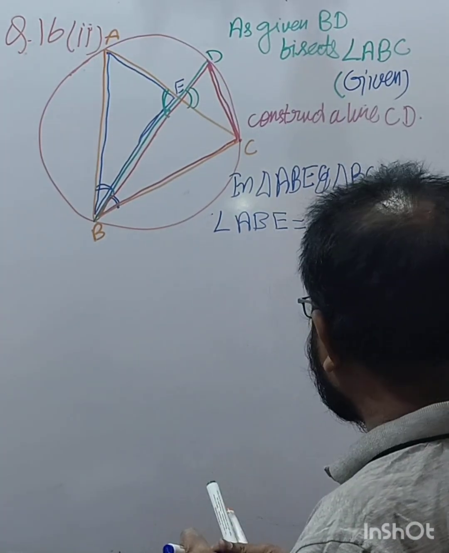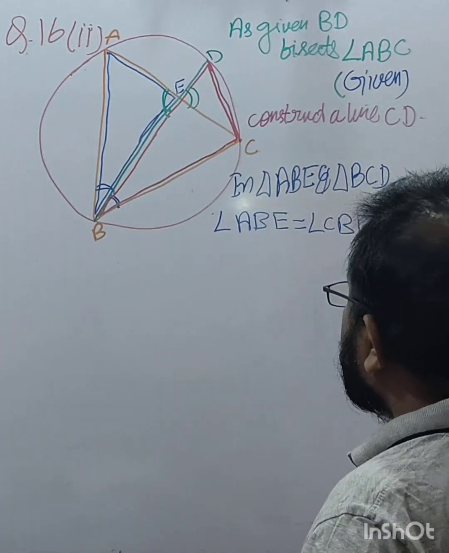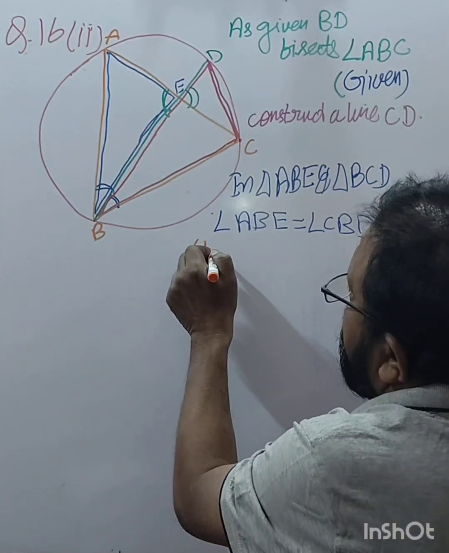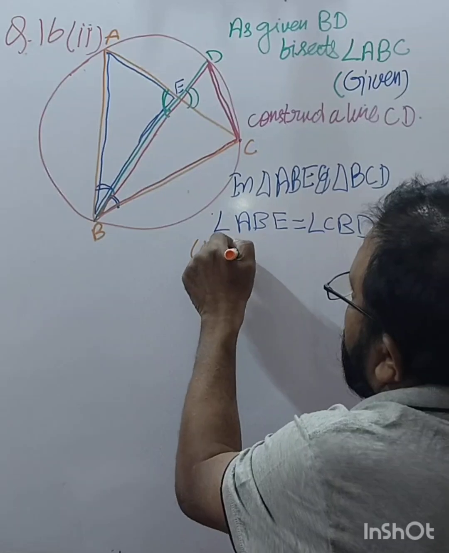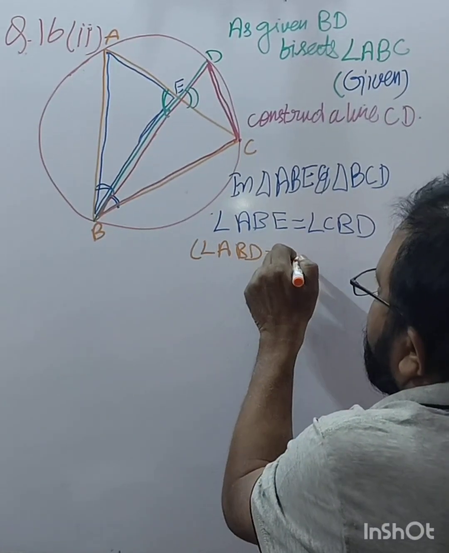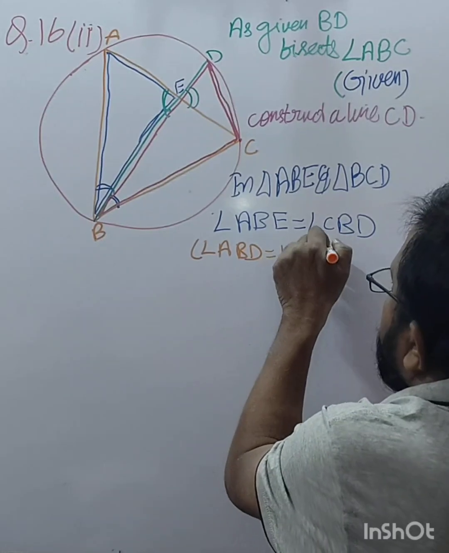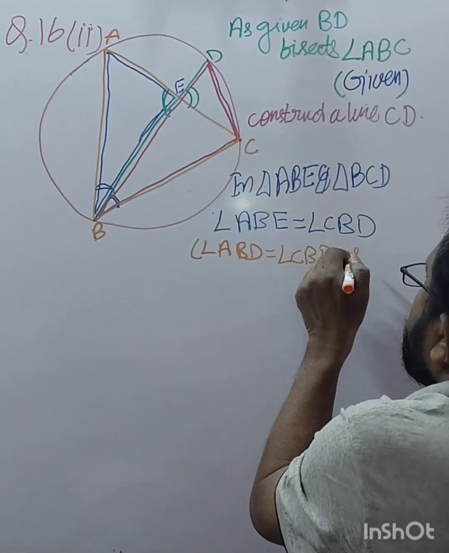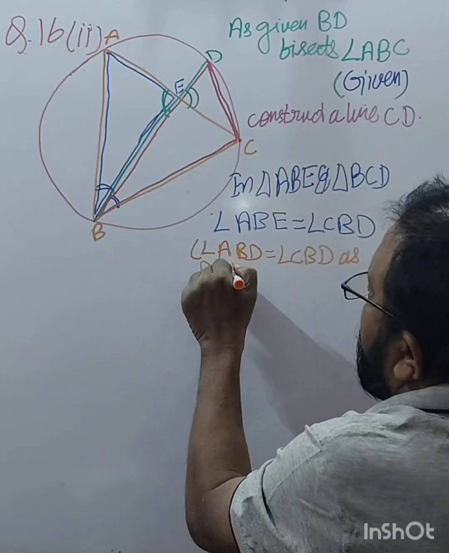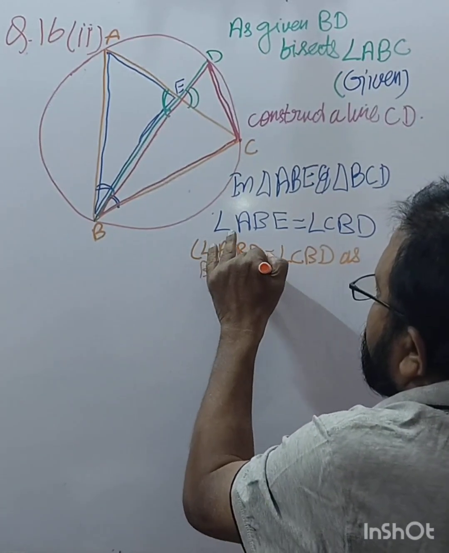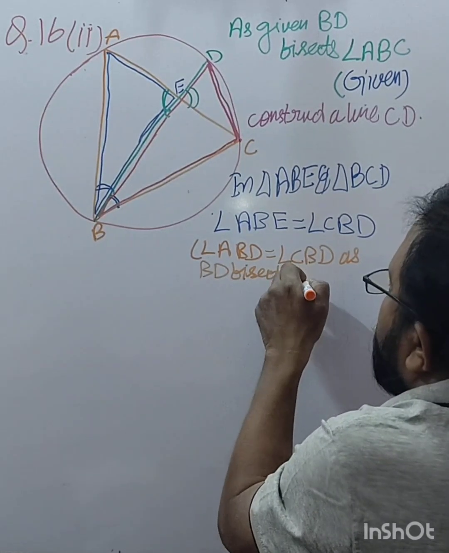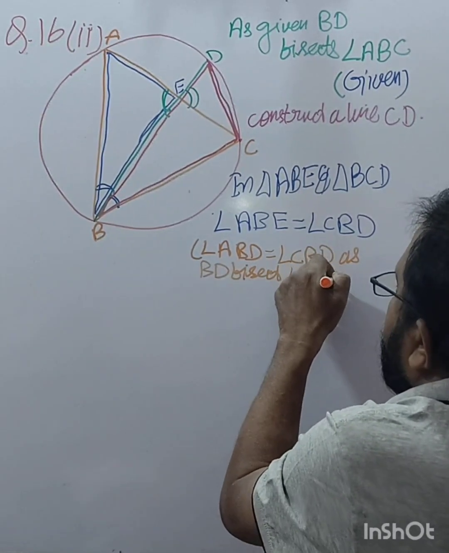Basically, angle ABD is equal to angle CBD as BD bisects angle ABC, right?